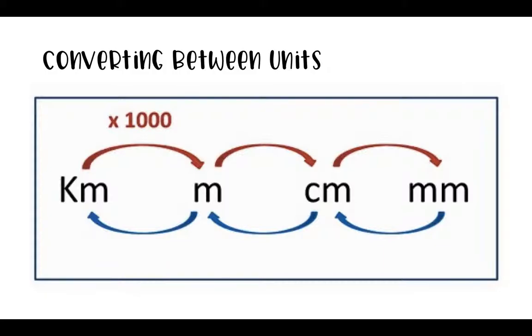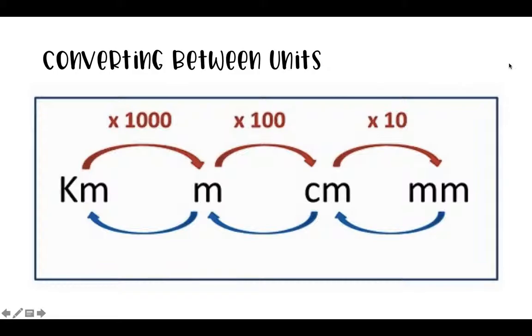In 1 metre, if we look at our 1 metre ruler, there's 100 centimetres, so we times by 100 because 1 metre equals 100 centimetres. Now, 1 centimetre, if you look on your ruler again, has 10 millimetres, so we multiply by 10.